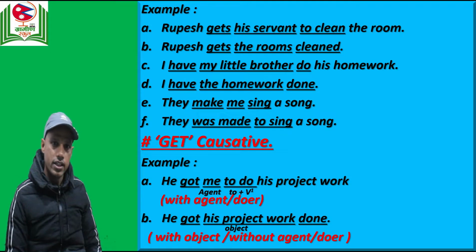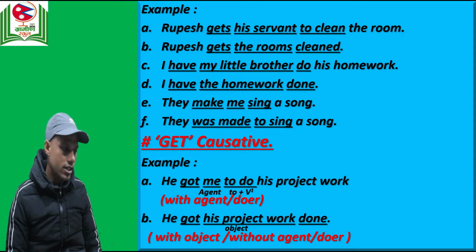Now did you notice any difference between these two sentences, and especially the form of the verb we have used? In the first sentence we have agent or the doer after the verb get, right? Gets his servant. This is servant. His servant, this is the doer or the agent to do something or to perform a task. That's why we have used to verb one form or to infinitive form of verb after it.